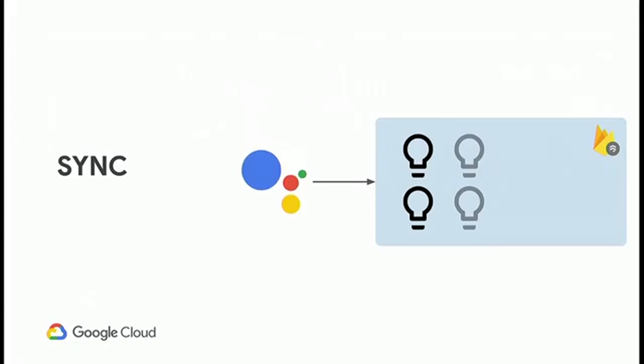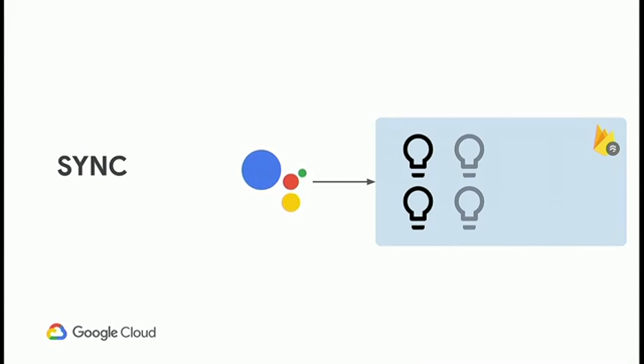So the sync intent is sent automatically after account linking is complete. This is the assistant's attempt to ask your cloud service, what are all the devices that this authenticated user controls, and what can those devices do? Your job is to respond to this intent by providing the metadata about all of the device types and the device traits associated with the devices under that user's account.